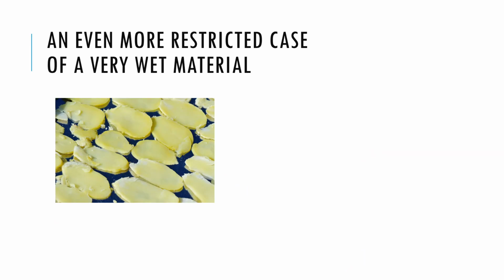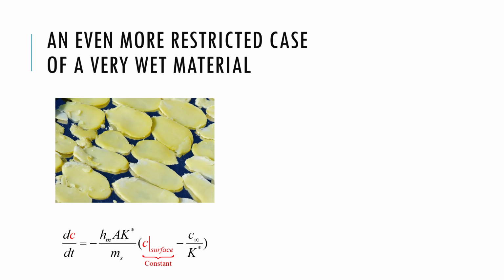So now we go for an even more restricted situation of drying, or an even simpler approach to drying. Let me explain how we got to this equation before we get into the details.